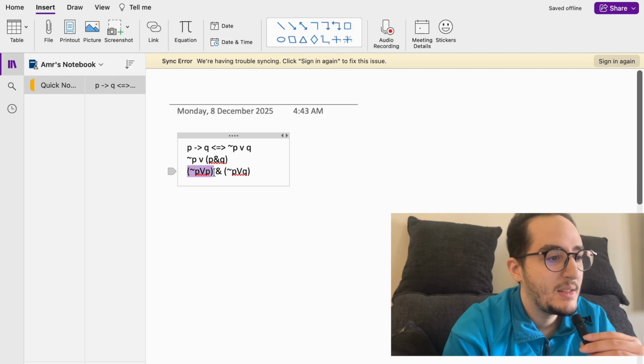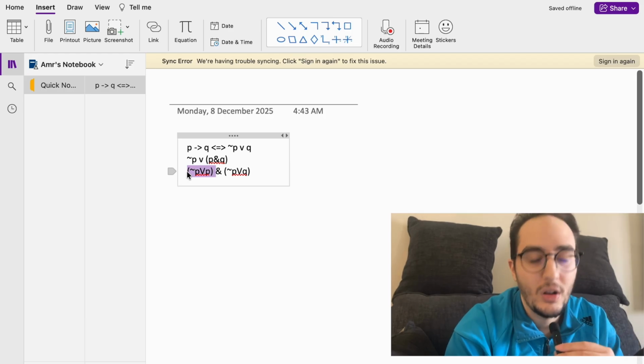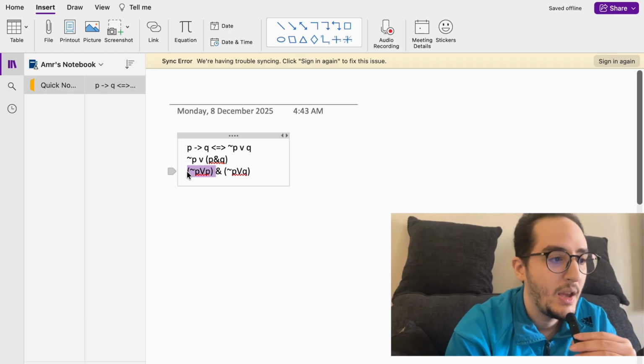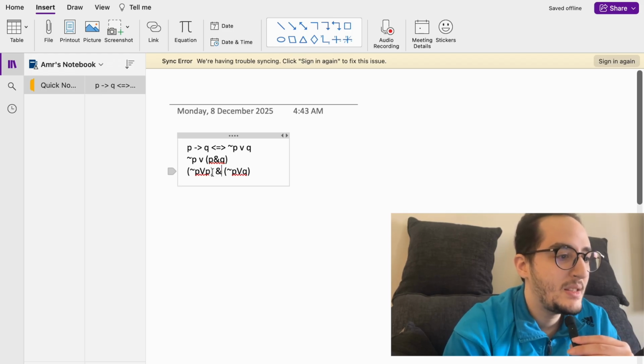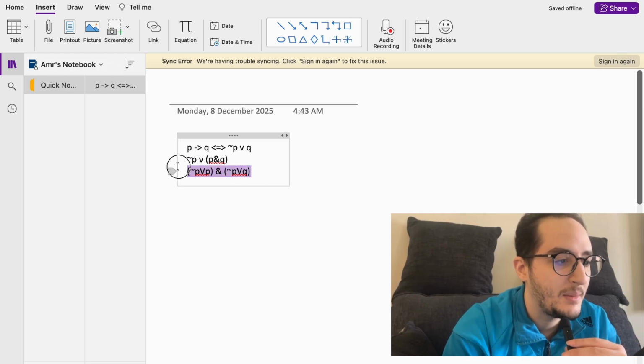In both cases, this is a redundant part of the statement. It is a tautology. We call it a tautology in logic. It's basically always true, and because there is an and between these two statements, this part has no truth value effect on the whole of this statement.